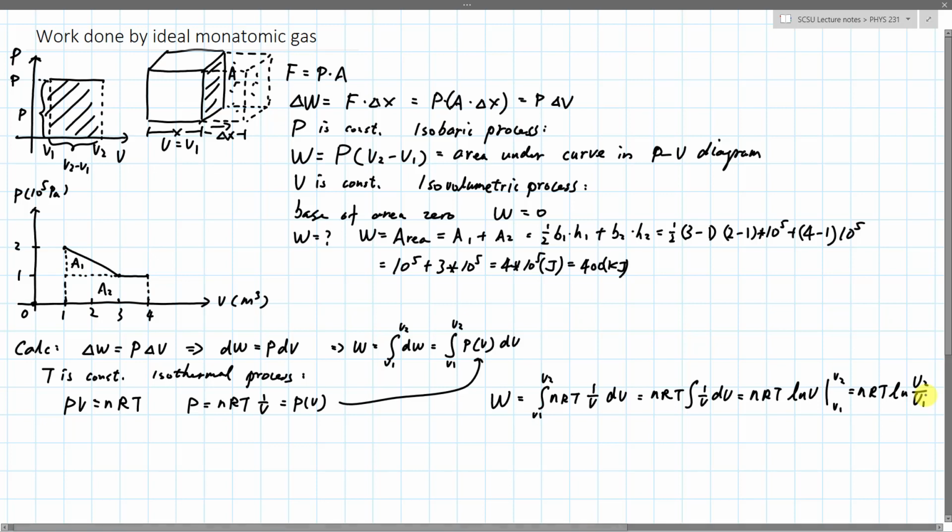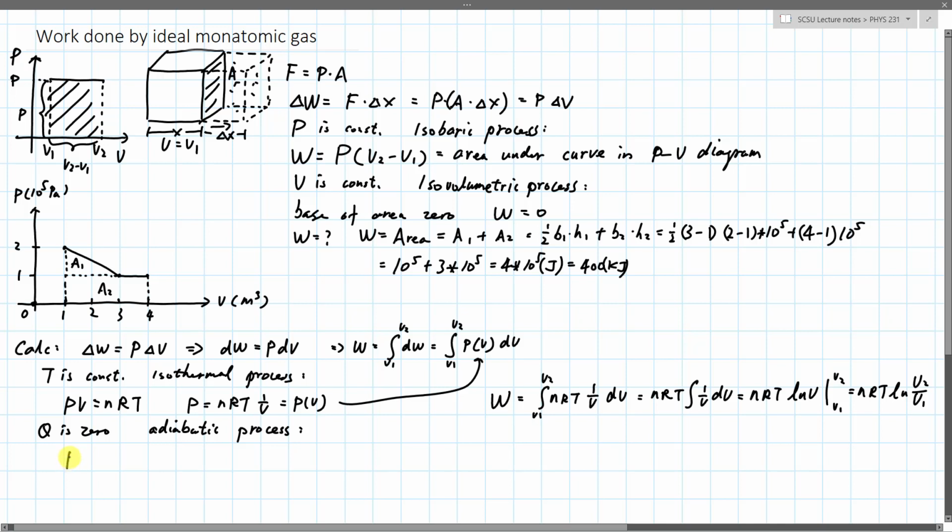Okay. So one more process is adiabatic process. So in this process, Q is 0. So no transfer of heat, adiabatic process.